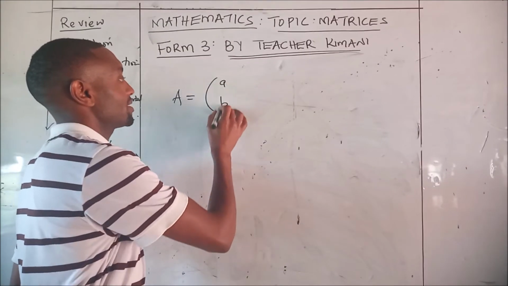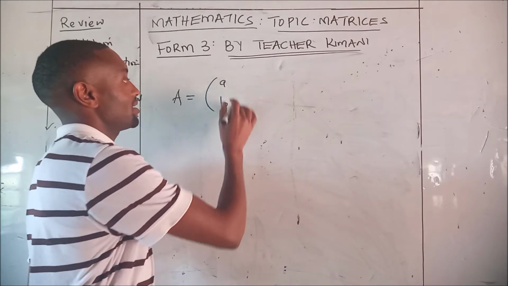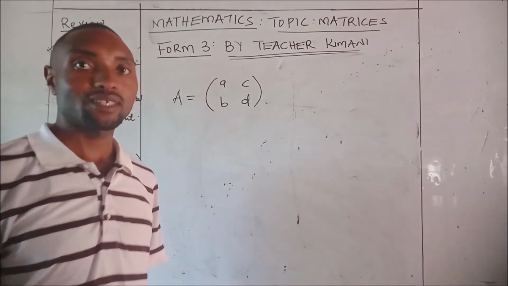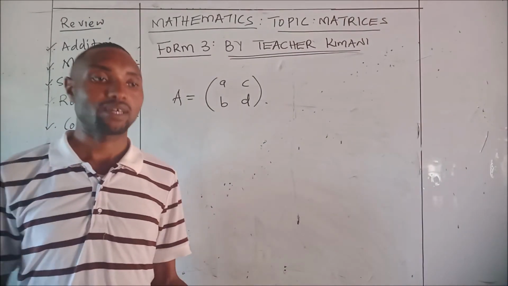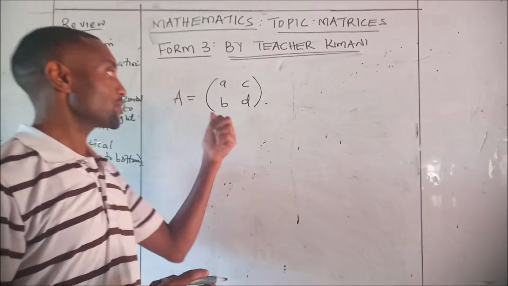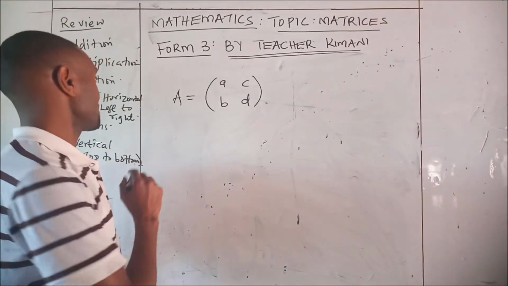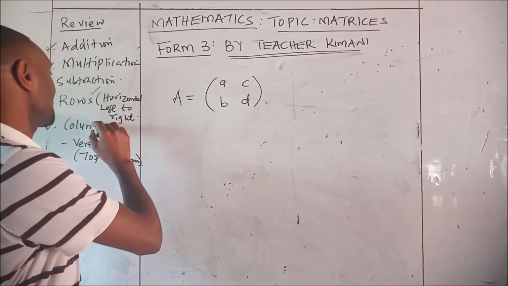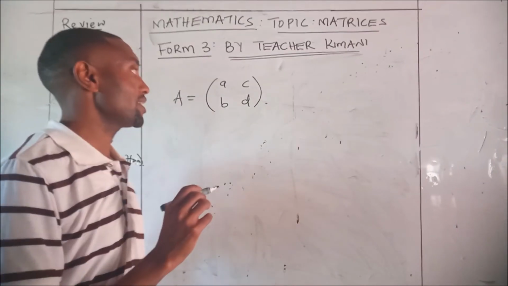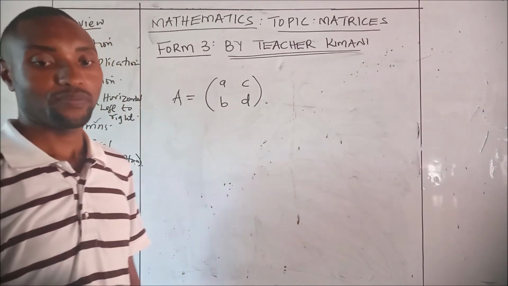So we'll have an example of a matrix A, B, and C, D. That's a very good example of a matrix that we can have. Now in this matrix, we have rows and also columns. So we need to first of all identify what our row is.